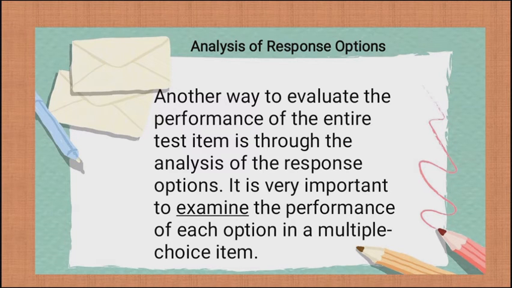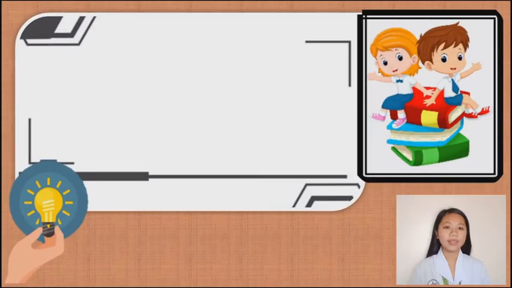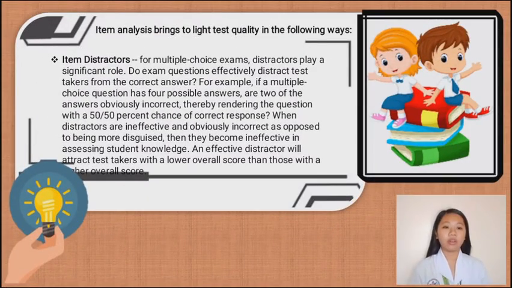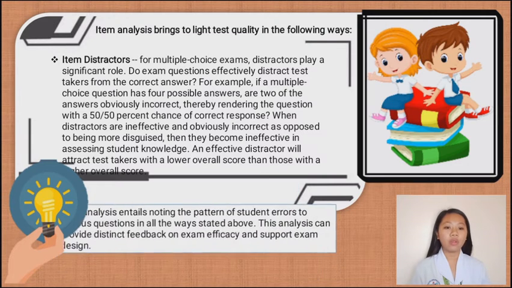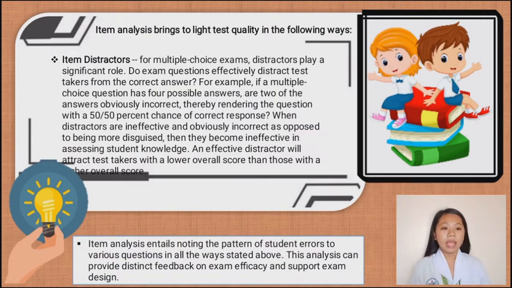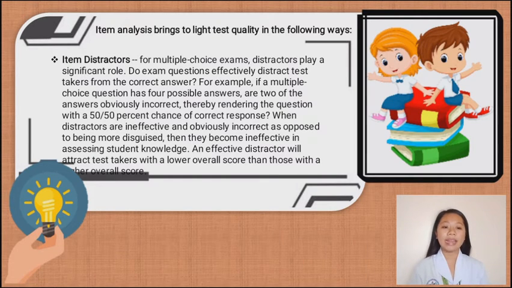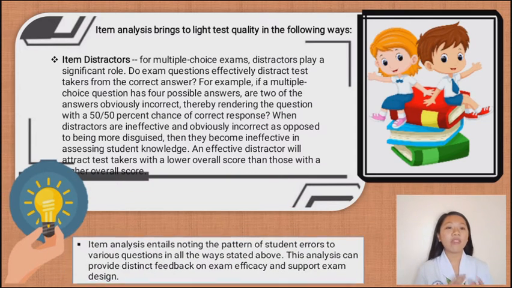Another way to evaluate the performance of the entire test item is through the analysis of the response options. It is very important to examine the performance of each option in a multiple choice item. We also have item distractors for multiple choice exams. Distractors play a significant role. An item distractor, also known as a foil or a trap, is an incorrect option for a selected response item on an assessment. Do exams effectively distract test takers from the correct answer?